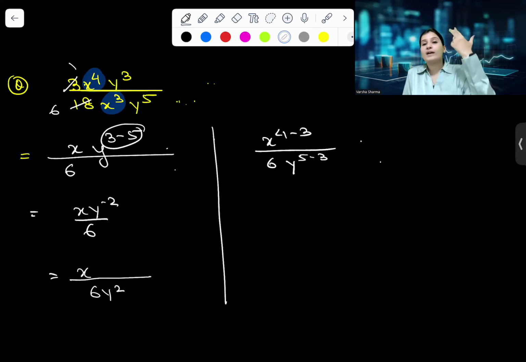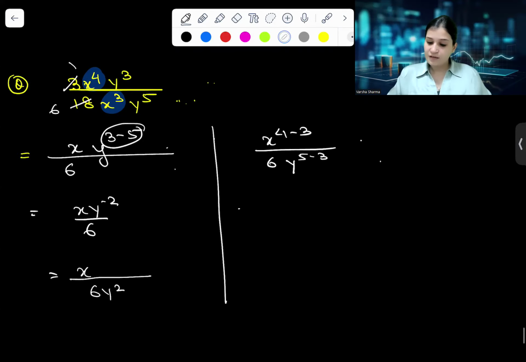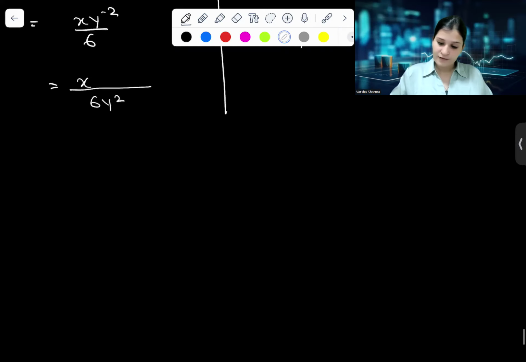Whoever goes from one place to another will change the sign. Clear? So x power 1 by 6 y square. Any doubt?